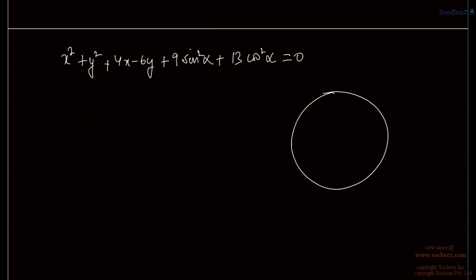So the equation is given by this, and here is an external point P from which two tangents are drawn on this circle. Okay, these are the tangents to the circle, and the angle between the tangents is 2 alpha.